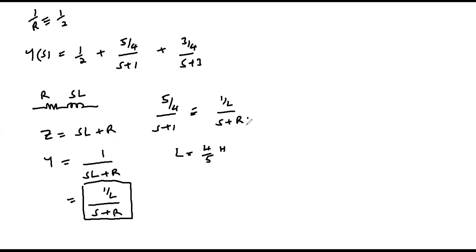This is R over L. Then R over L is 1, and therefore R will be equal to L. That means our R will be 4/5 ohms.